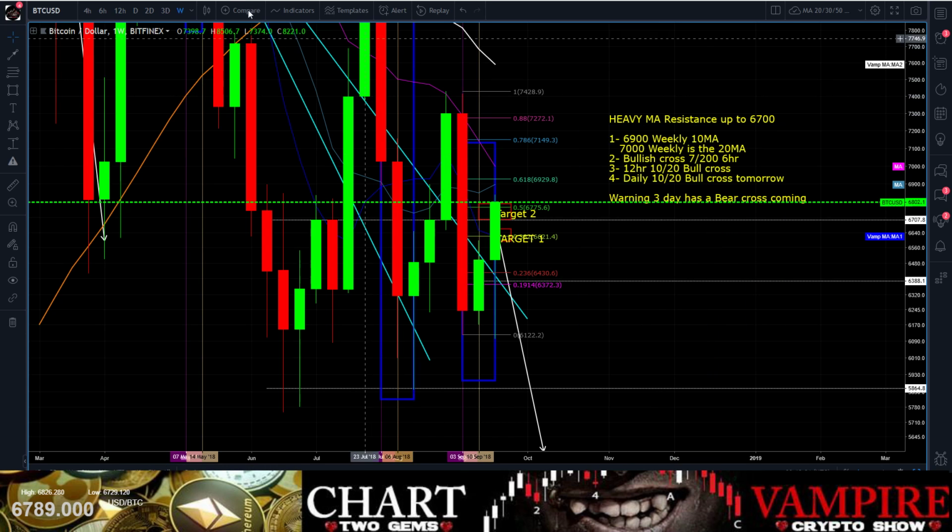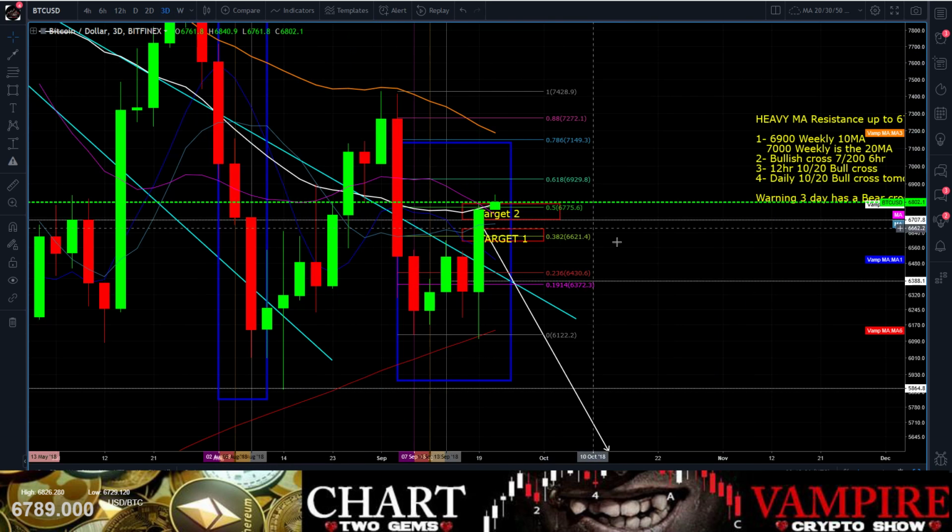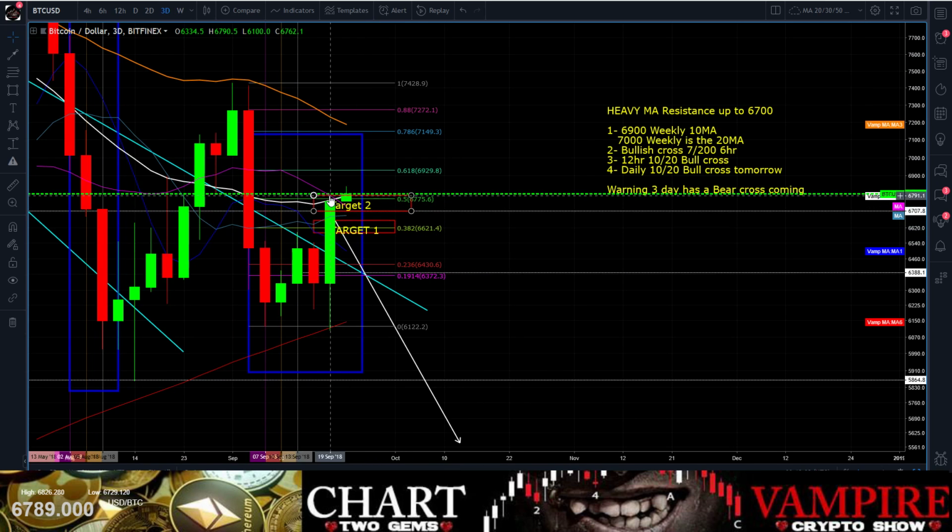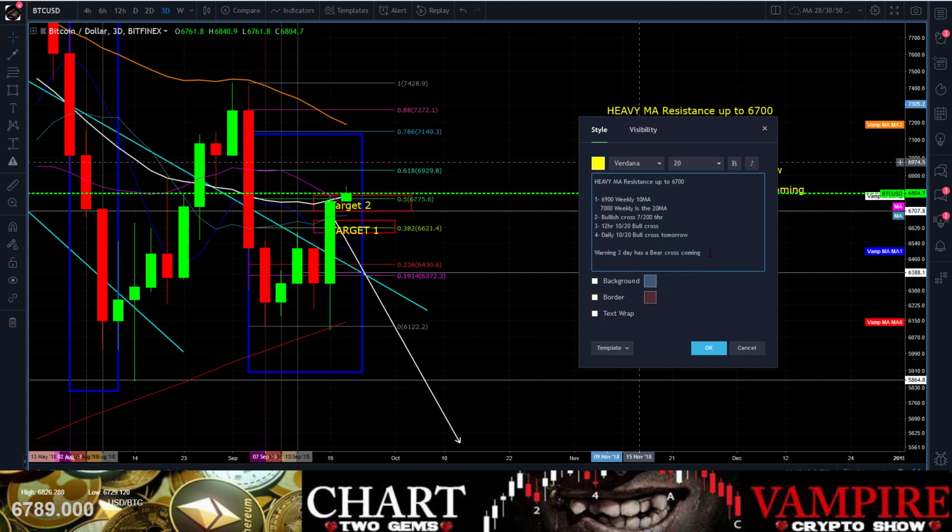3-day. Let's go find where's this 3-day. Oh, look, it blasted out this bearish cross. Just blasted that bearish cross right out. There's the 3-day, there was that bearish cross. Just ripped right through it.